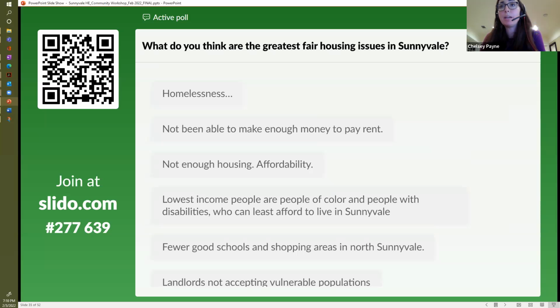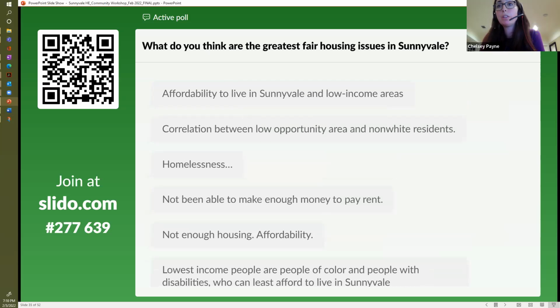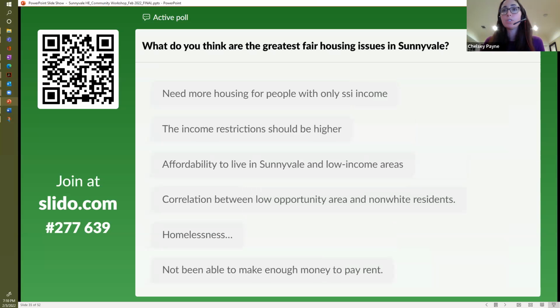Not being able to make enough money to pay rent, homelessness, correlation between low opportunity area and non-white residents, affordability to live in Sunnyvale and low income areas. All right, thank you for these responses and contributions. Feel free to add more to this answer. The income restrictions should be higher, need more housing for people with only Social Security income.